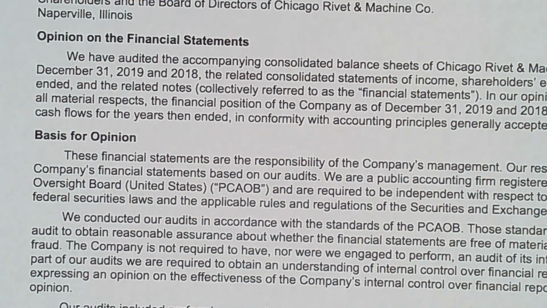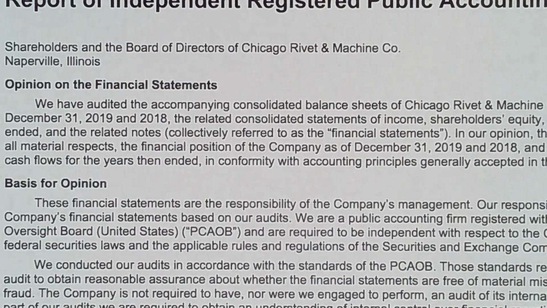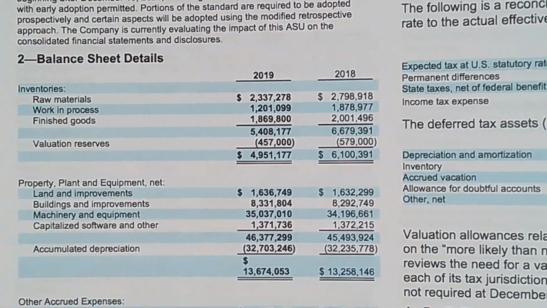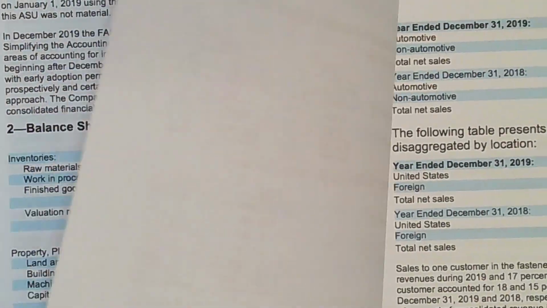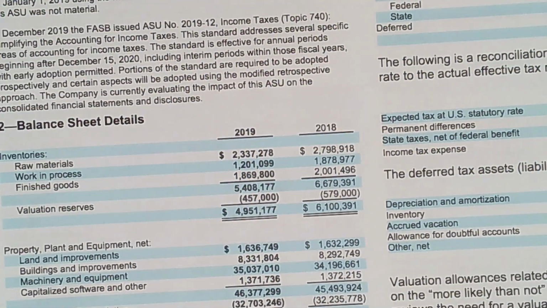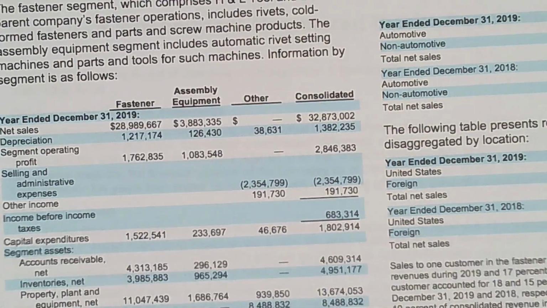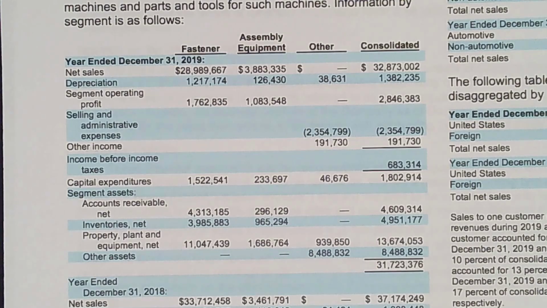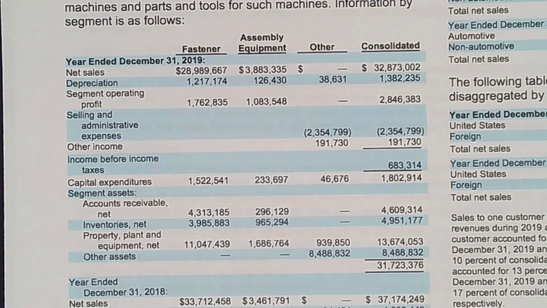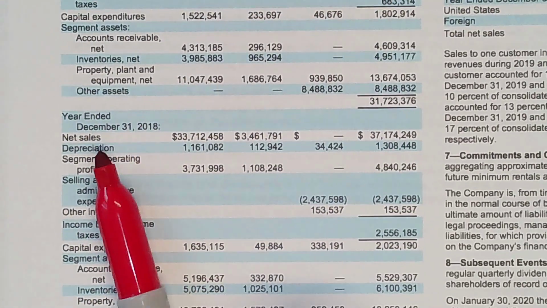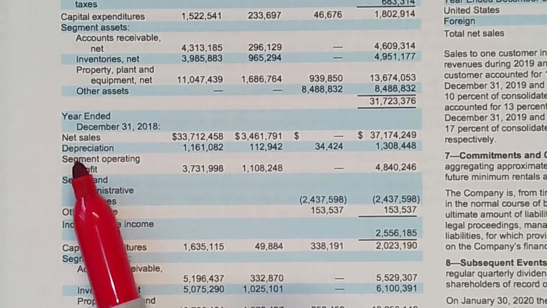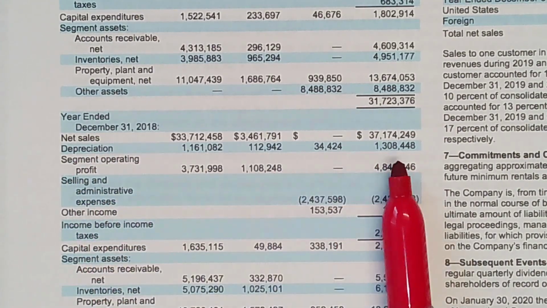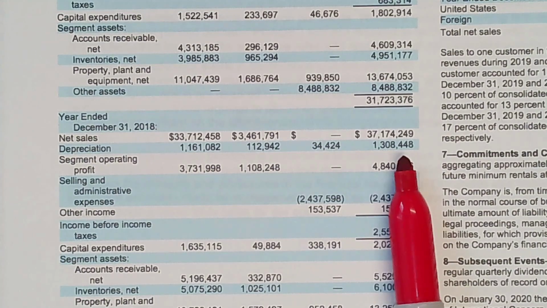And if I wanted to take a look at some of these footnotes and go back and see if I can figure out, does any of this stuff tie to the financial statements, I can go and take a look at the segment information, and I can pull out my depreciation right here. Okay, now this is as of December 31st, 2018. My depreciation is $1,308,448.